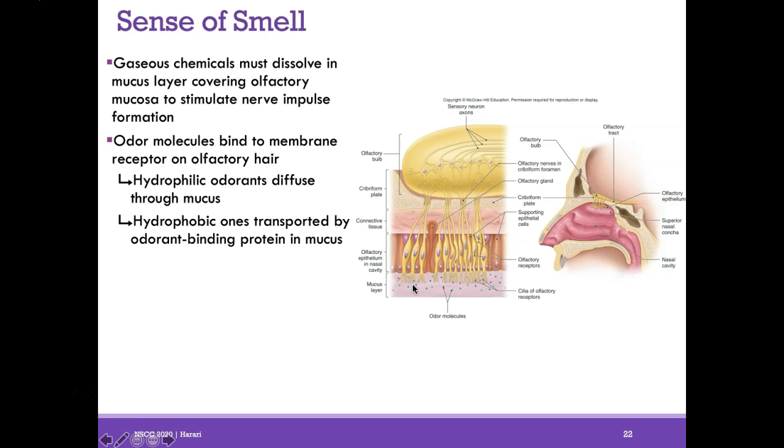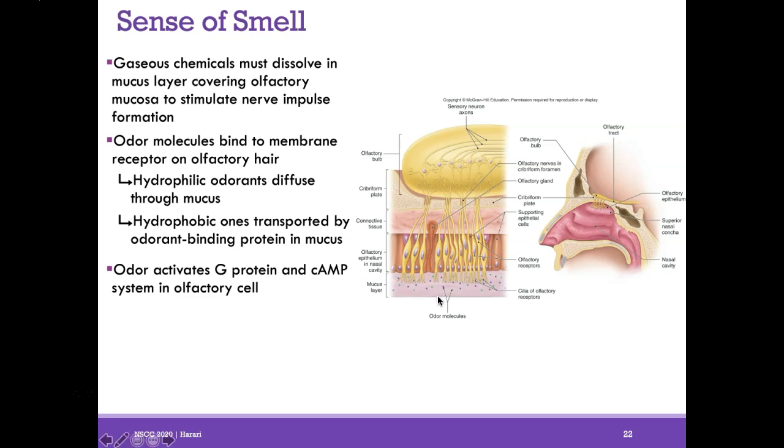So we have odorant binding proteins that bind hydrophobic odorants. Hydrophilic odorants can diffuse freely through the mucus of the epithelium and bind directly to a receptor. So that's step one, right? The odor molecule binds to a membrane receptor on the olfactory hair.